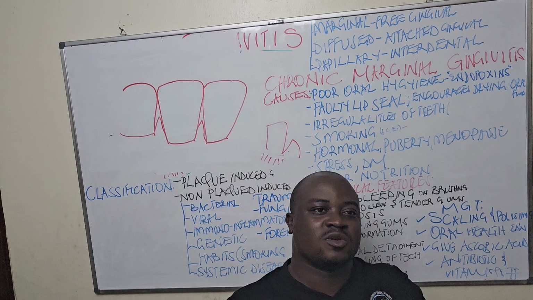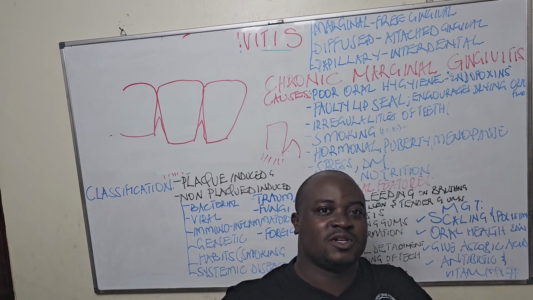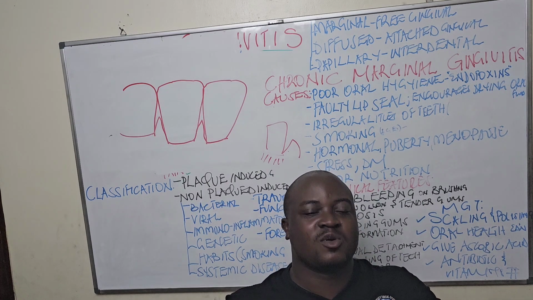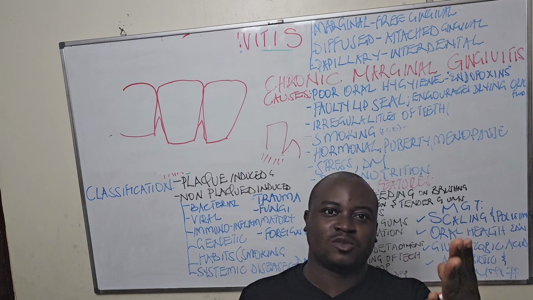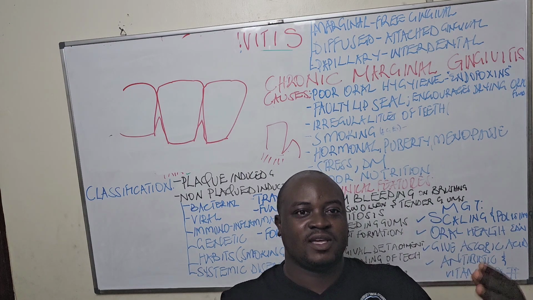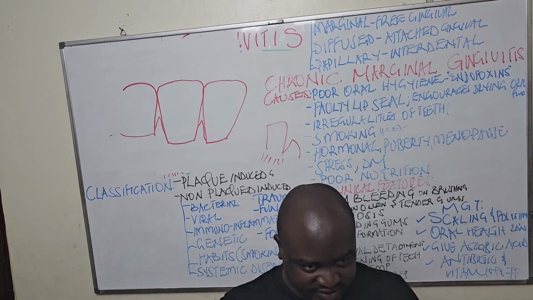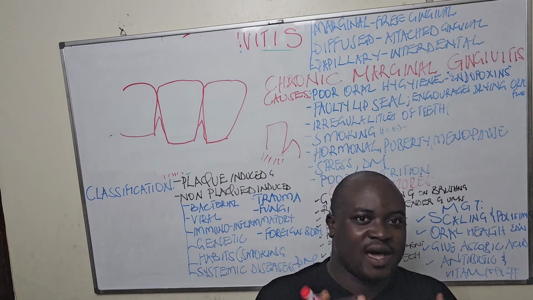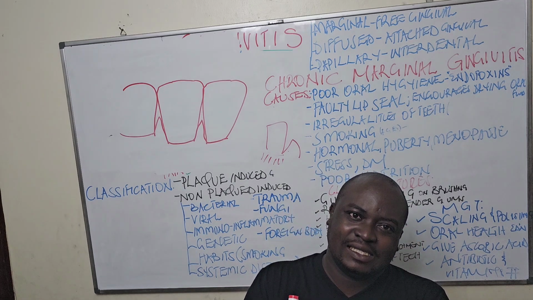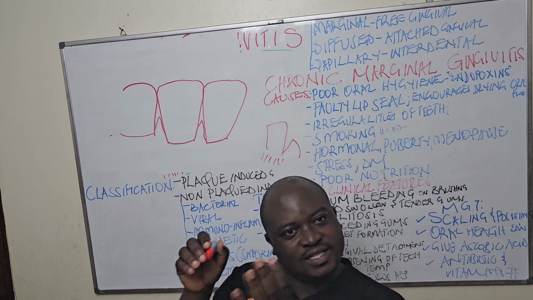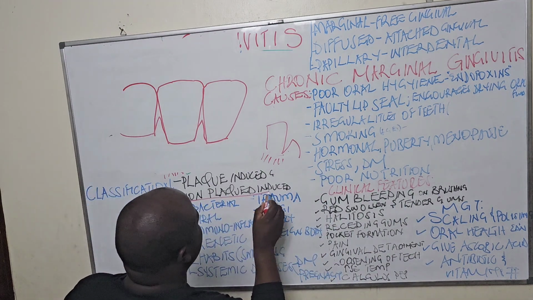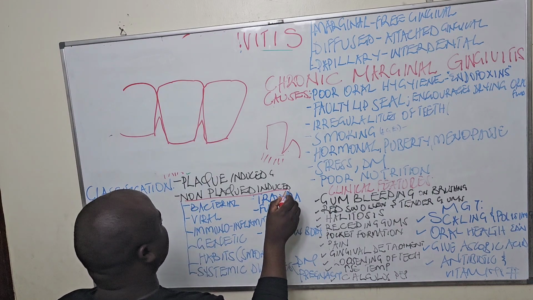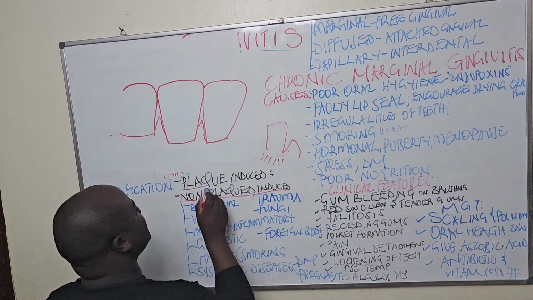Endotoxins will cause the inflammatory response on the gum, because the gum will always defend itself, and by defending itself, after the bacteria has produced endotoxins, we shall have gingivitis. So we can have plaque-induced gingivitis, and non-plaque-induced gingivitis.